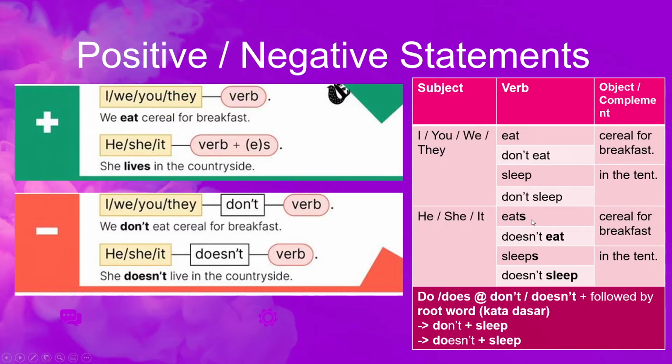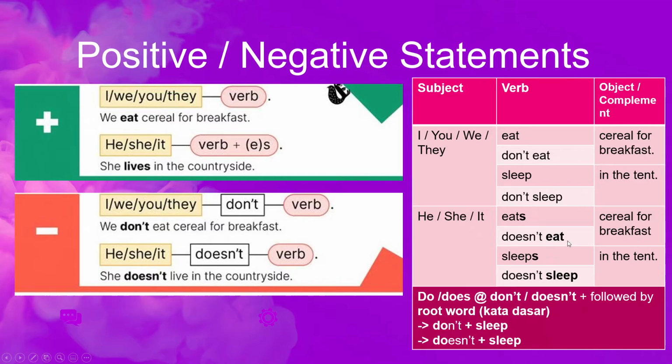He, she, it, eats. Ini singular subject, so verb dia kena ada s. But when you use doesn't, you already give s towards the do, so the verb eat has to be in root word. This is the do auxiliary. Ini adalah verb dia, tapi verb dia kena dalam kata dasar.